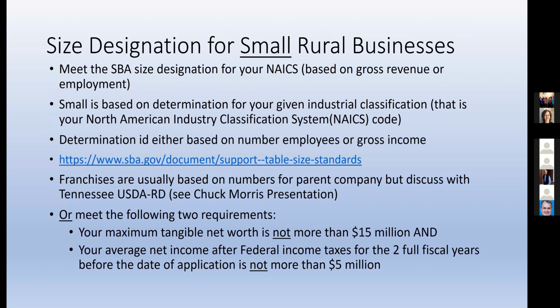So if you have a maximum tangible net worth that is not more than 15 million, and your average net income after federal income taxes for your business for 2 full fiscal years before the date of application, so it would be last year and the year before, is not more than 5 million, then you don't have to meet the SBA designation for your North American Industry Classification System code, whatever you fall into.